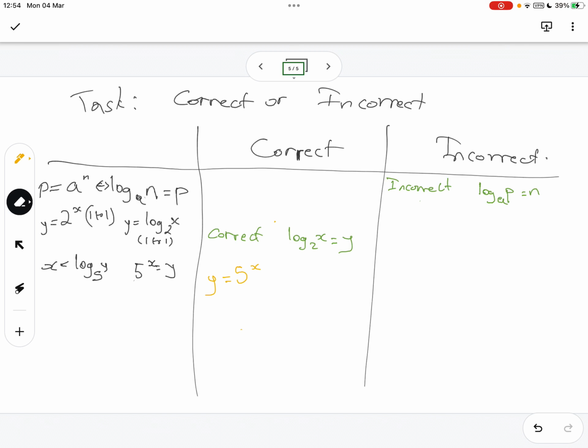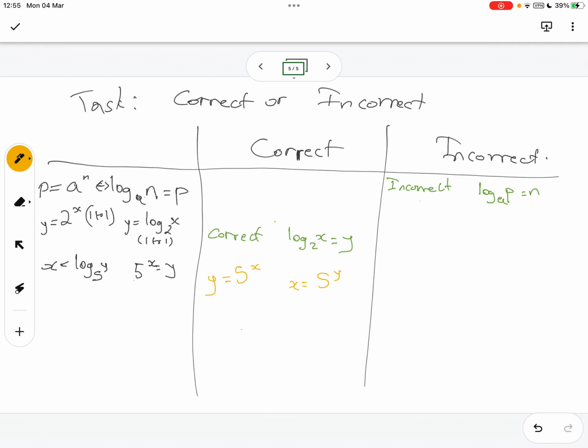I know we're trying to find if this is true or not. Yes, I get we want to prove if x equals log y base 5 is the inverse of y equals 5 to the x. We'll have to find the inverse of y equals 5 to the power x.